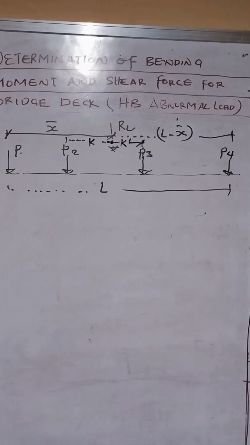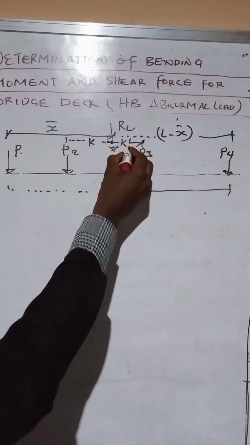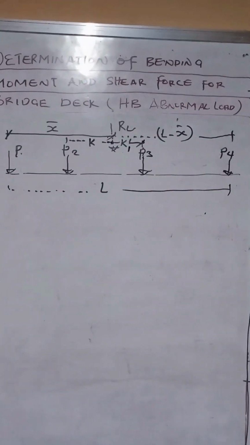If you look at the board, we are talking about K and K prime. So the distance from the resultant load, RL, to P2 is K, while the distance of the resultant load from P3 we are calling K prime, or if you like, K1.